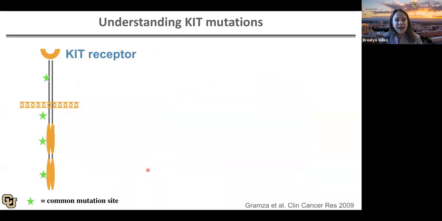And so looking at how this plays out, what does it mean? What does it really impact? How does it impact the patient with these mutations? So this is my little picture of a KIT receptor. So KIT is really a protein that acts like an antenna. So it's got multiple pieces. There's the outside part, outside of the cell membrane, which is shown here by these little structures.